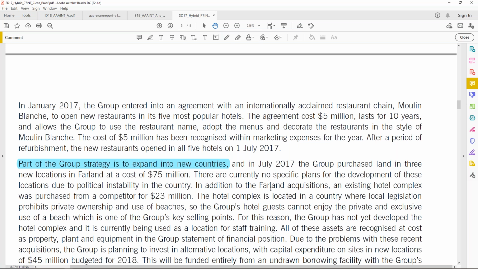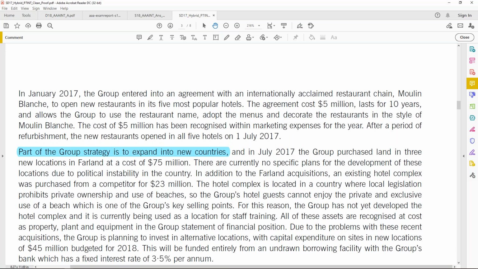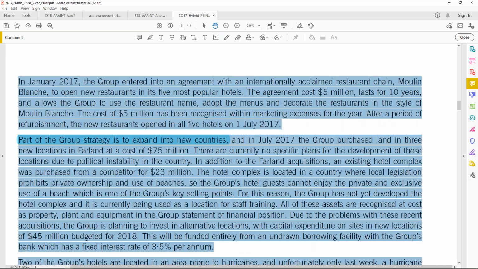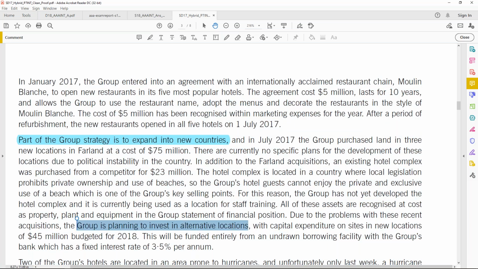So do you think there is a lot of capital expenditure which has gone in? 75 million on the purchase of land, 23 million on a purchase of a hotel complex from a competitor, and you spend a lot. And over here it says the group is planning to invest in alternative locations with a capital expenditure in the sites of the new locations of 45 million budgeted in 2018.